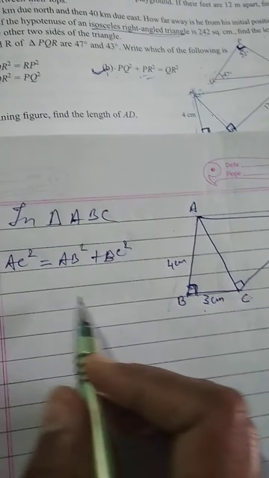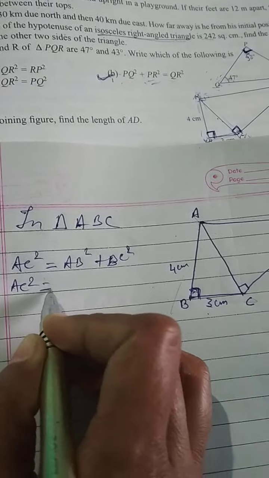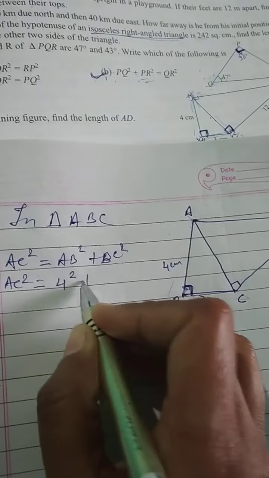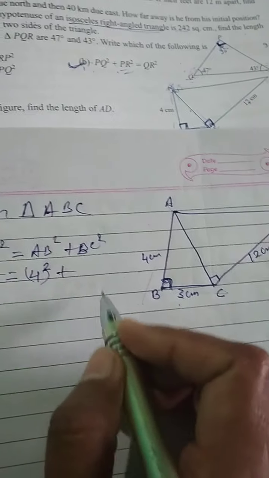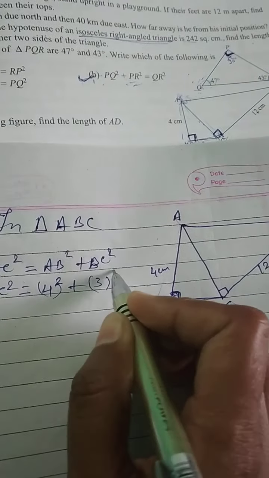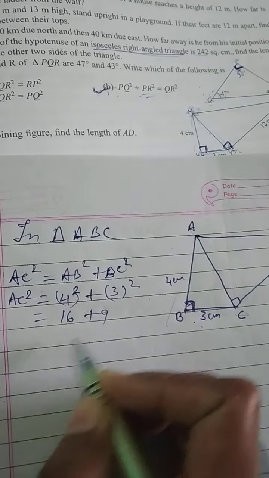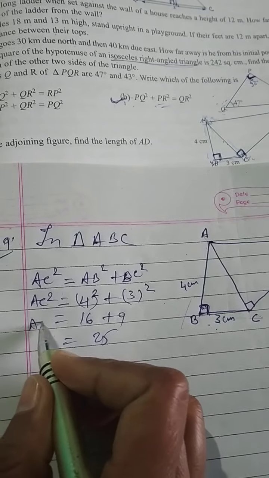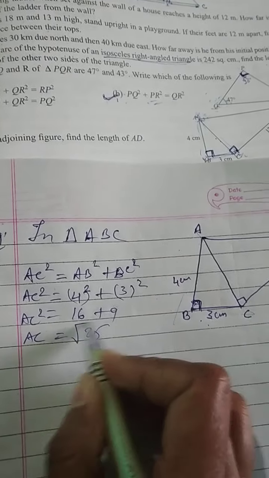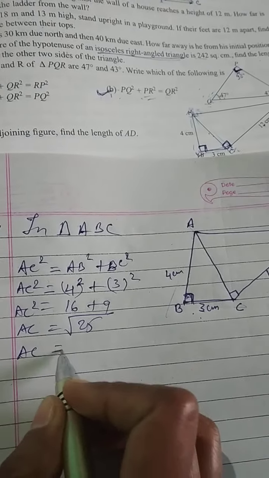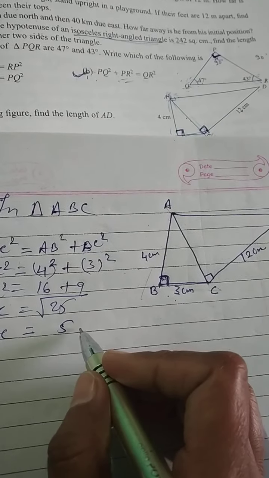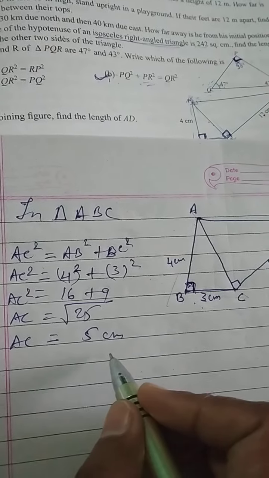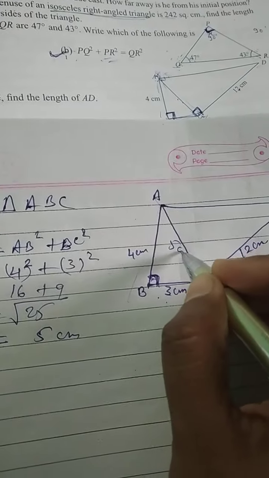And AC square value we have to find out. AB is given, that is 4. So 4 square, this is 3 square. 16 plus 9 is equal to 25, and we have to find out AC. So it will become root under 25. So AC will be equal to 5 centimeter. AC we have taken out, that is 5 centimeter.